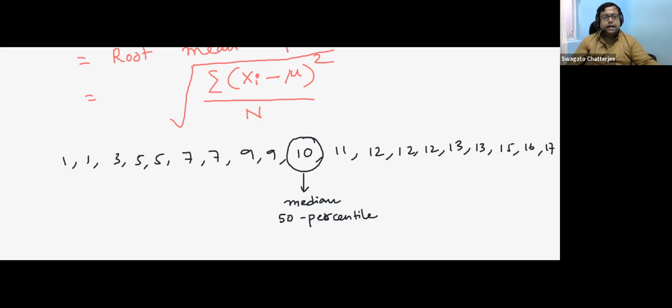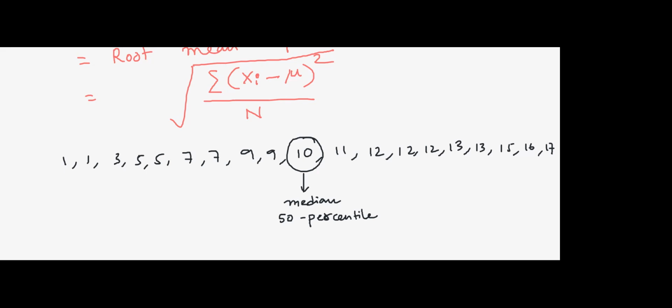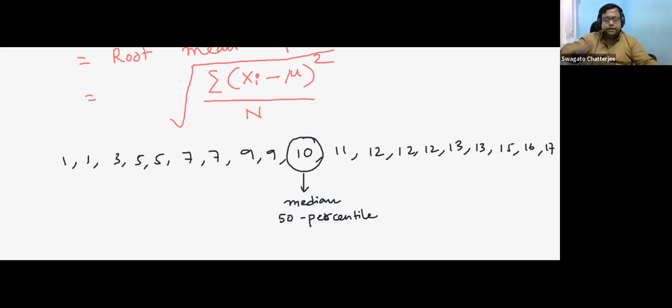Can anybody tell me what is the 25th percentile here in this data? I think 5. Yes, the 5th observation. Why?